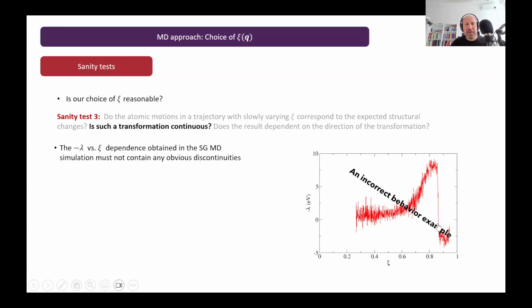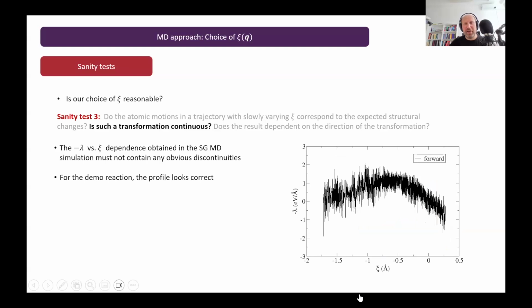And this is a very clear indication that the process is not reversible, which usually means that your xi is not suitable, or some side reaction took place. Fortunately, nothing like that happened in our case. The lambda versus xi dependence is noisy, but nevertheless, it's free of any obvious discontinuity. So that's fine. This is how it should look.